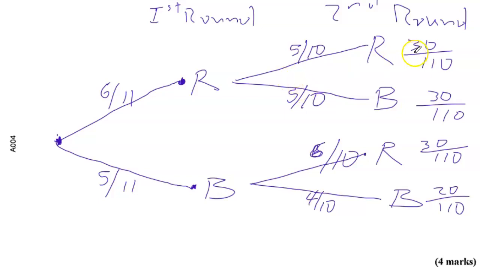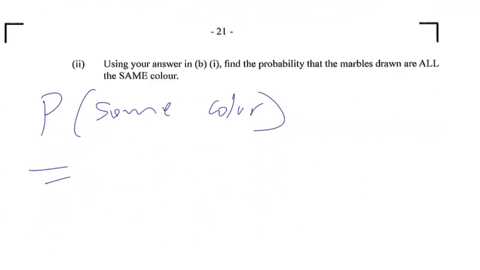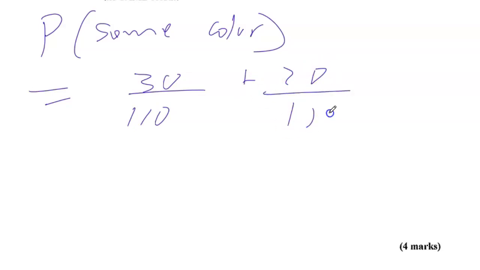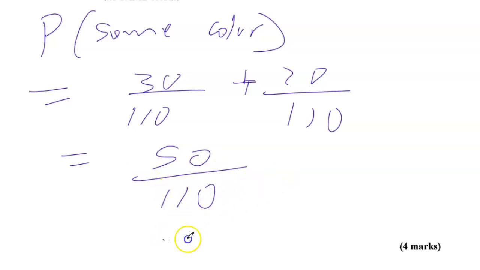So both red, 30 over 110, both black, 20 over 110. That's 30 plus 20, so that's 50 over 110. And of course we can reduce this to 5 over 11.